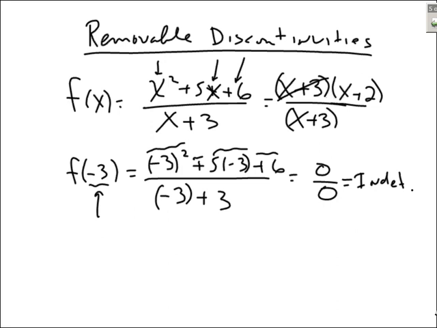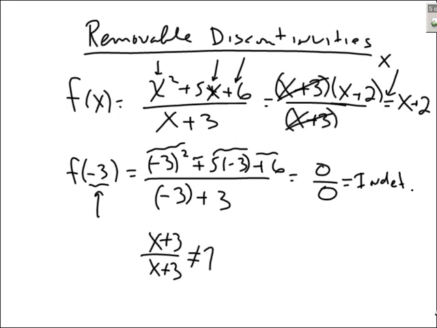Well, this cancels out, and what you get is x plus 2. But this is provided, see, x plus 3 over x plus 3 is not equal to 1. I don't care what your teachers have told you, it doesn't equal 1. They're being sloppy when they say that.